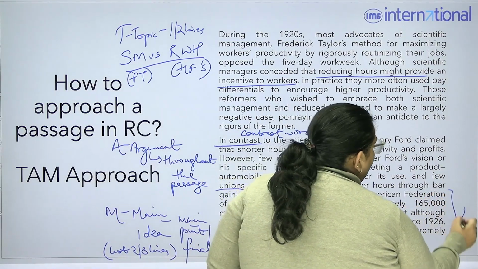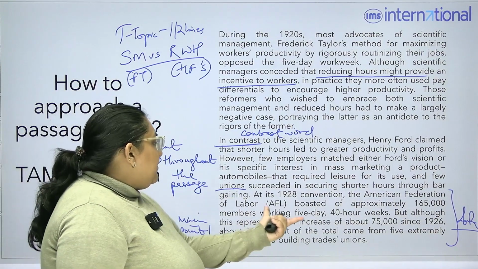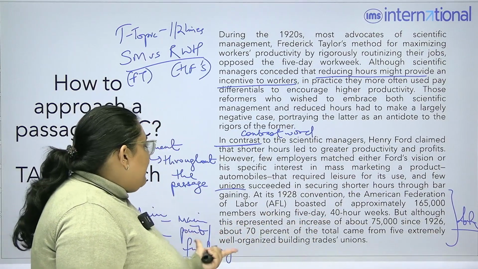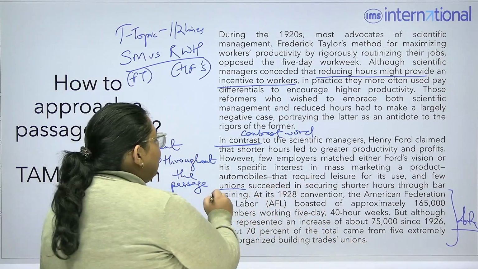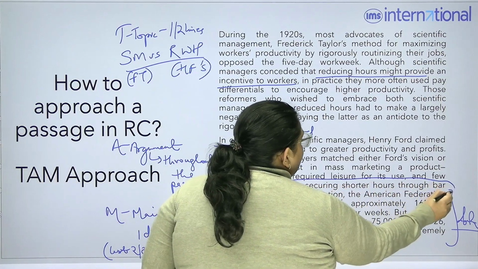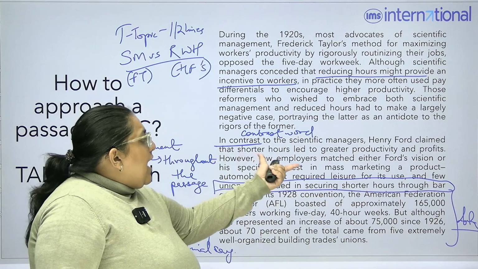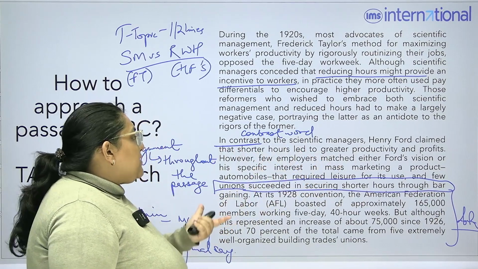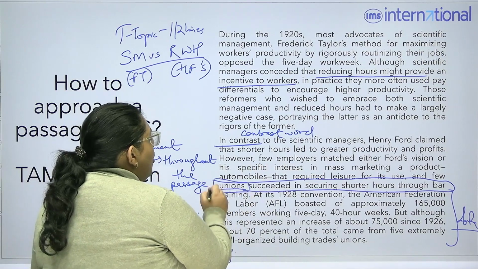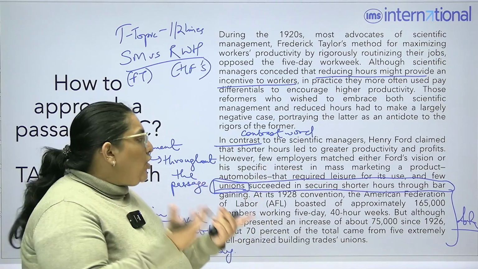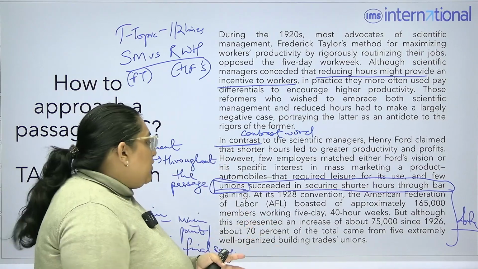All of this is data which the author is using to support the point that although Ford's vision claimed shorter hours led to great productivity and profits, very few employers were able to match this, and only some unions were successfully able to put this into the actual working of the employees.